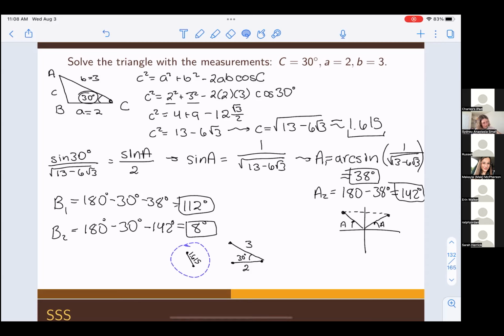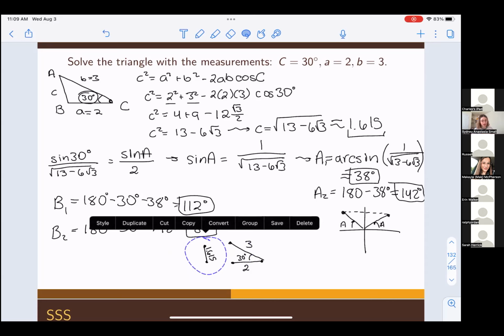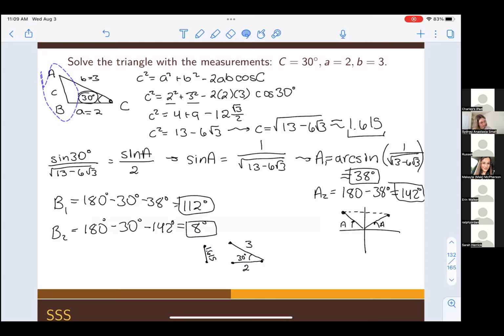How many different ways are there for me to fit side C at its scale in this triangle? I know I can do it like this, where they touch both ends. I need the two ends of side C to touch angle A and angle B, like shown up here. But is there more than one way to do that?